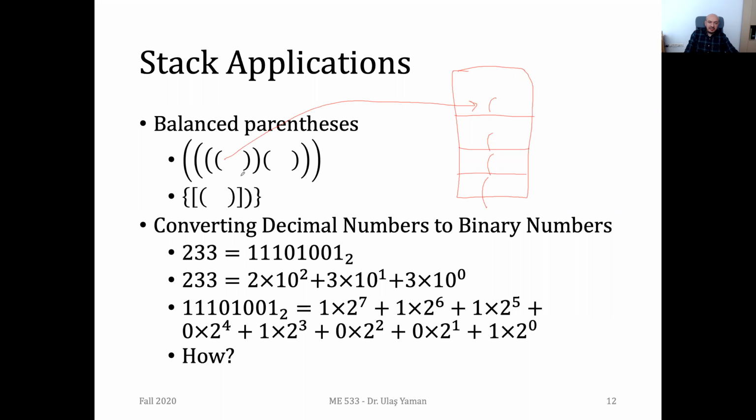Now when I come to here, I see that there's a right parenthesis, so I simply pop this item. So this is popped, and then I come to that right parenthesis, and again, I pop one item here. When I come here, this is a left parenthesis, so I need to add one more item into my stack.